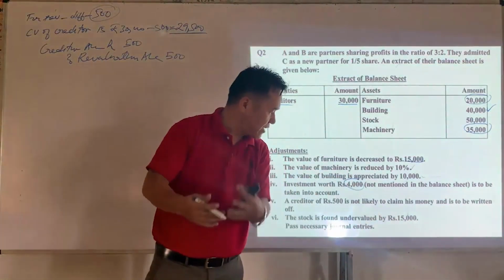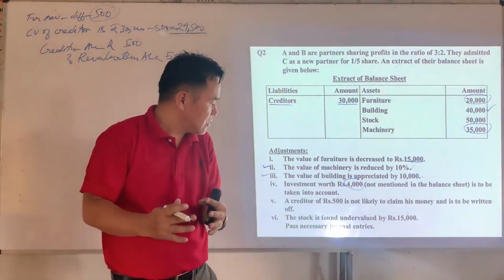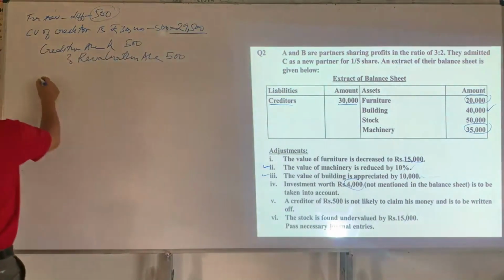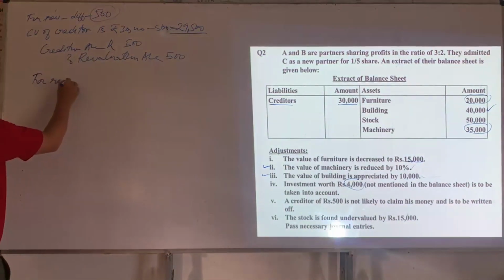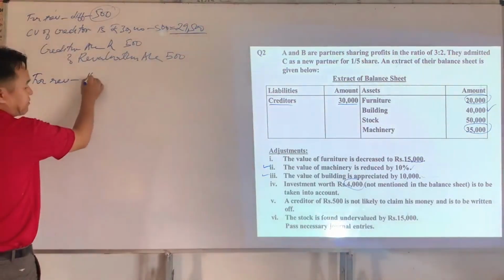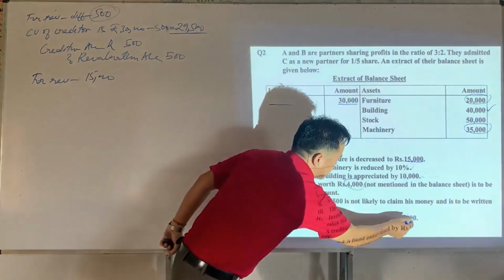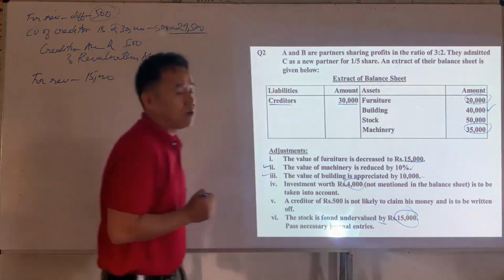So in order to rectify the error, we have to increase the value of stock by rupees 15,000. So for revaluation, the difference amount will be 15,000 itself. If you find the word by, so this will become difference amount.